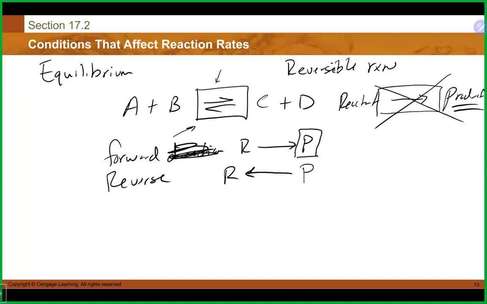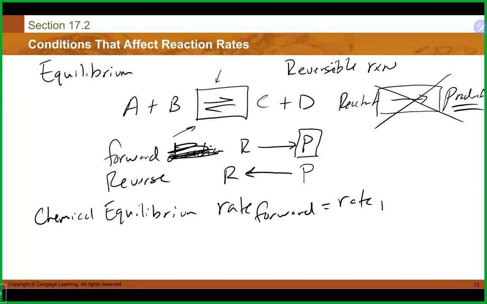When something reaches chemical equilibrium, it has not too much to do with how much of everything you have on each side of the arrow. It means that the rate of the forward direction will equal the rate of the reverse direction. So we're actually talking about how fast it's going from reactants to products will equal how fast those products are then going back the other way.